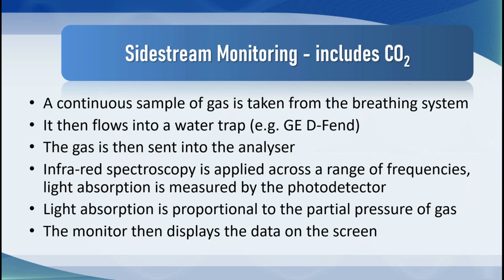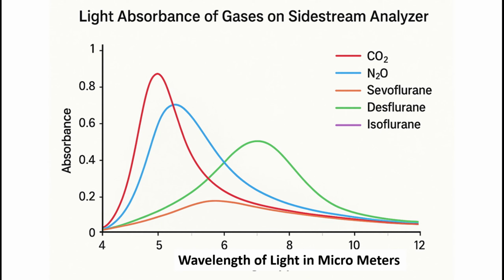Now, when I say other gases measured, the great thing about sidestream monitoring is that you can measure pretty much anything. And of course, in anesthesia, that means carbon dioxide, nitrous oxide, or any of the volatile agents. Carbon dioxide and nitrous oxide absorb infrared light in the 4 to 5.5 micrometer range.